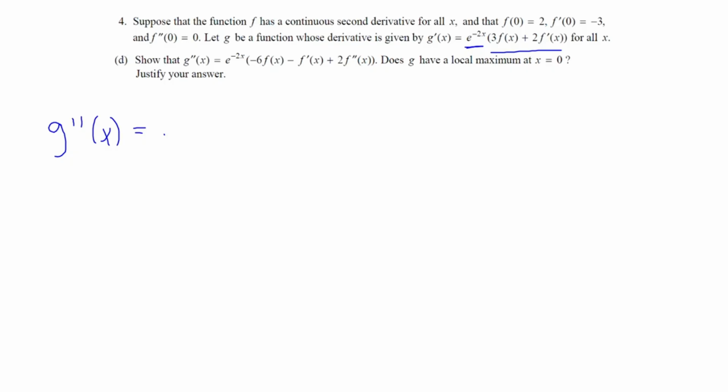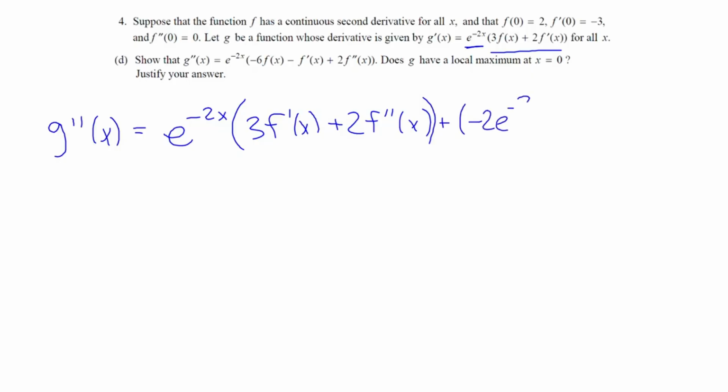So that'll be the first function, e to the -2x, times the derivative of the second function. So that'll be 3f prime of x plus 2f double prime of x. And then we'll add to this the derivative of e to the -2x, which is -2e to the -2x using the chain rule, times 3f of x plus 2f prime of x.